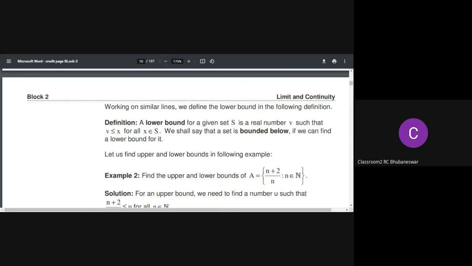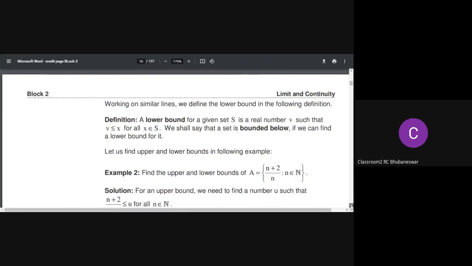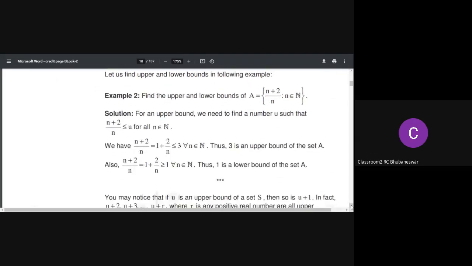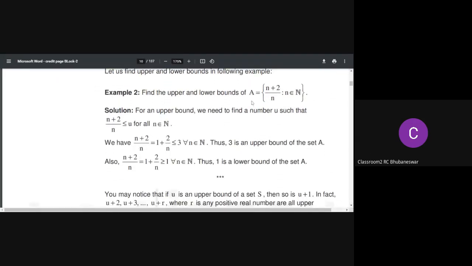Now let us discuss the same definitions of upper bound and lower bound with the help of an example. Here we have defined a set in set builder form, with the relation n plus 2 divided by n, where n is a natural number. As n is a natural number, n starts from 1, 2, 3 onwards up to infinity.